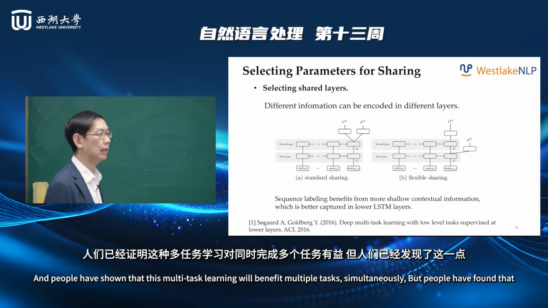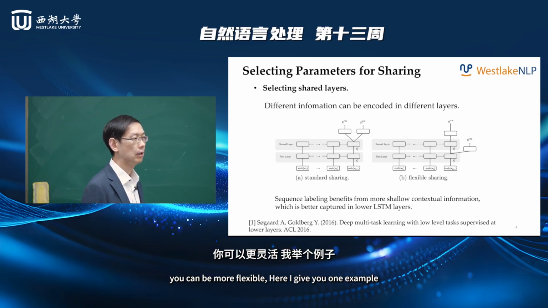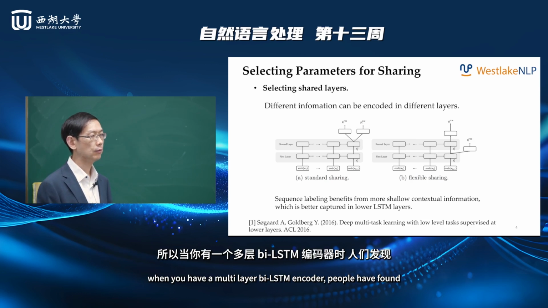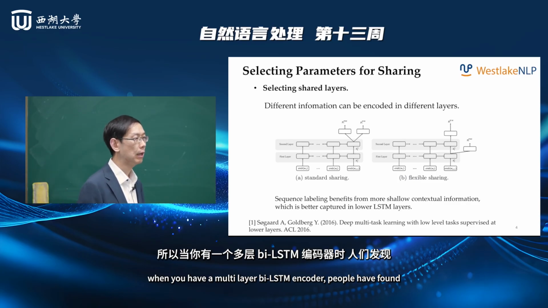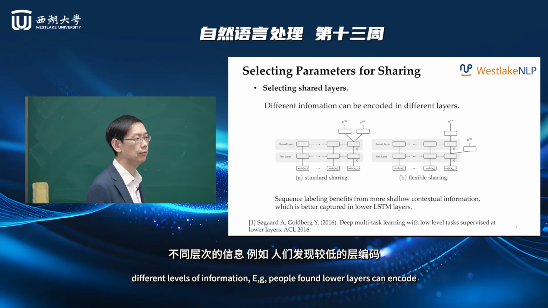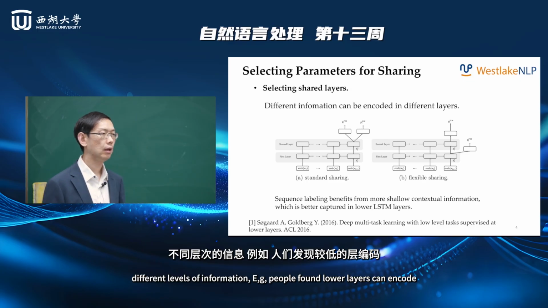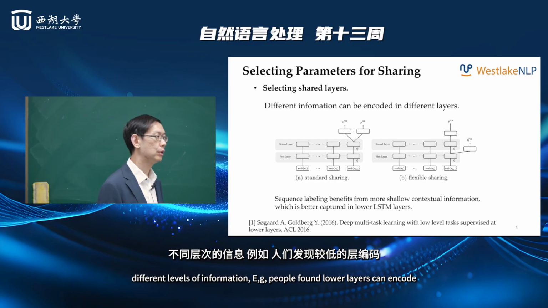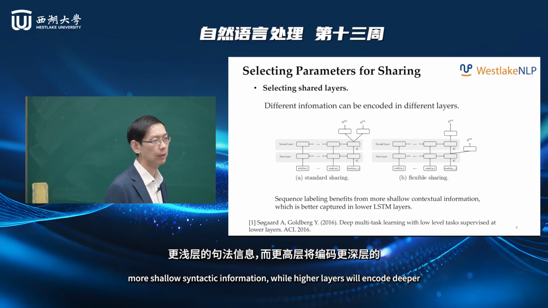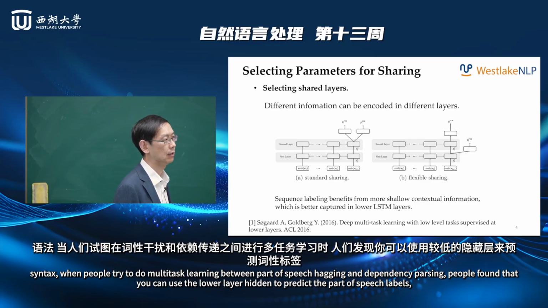But people have found that you can be more flexible. Here I give you one example. When you have a multi-layer BiLSTM encoder, people have found different layers can encode different levels of information. For example, lower layers can encode more shallow syntactic information, while higher layers will encode deeper syntax.